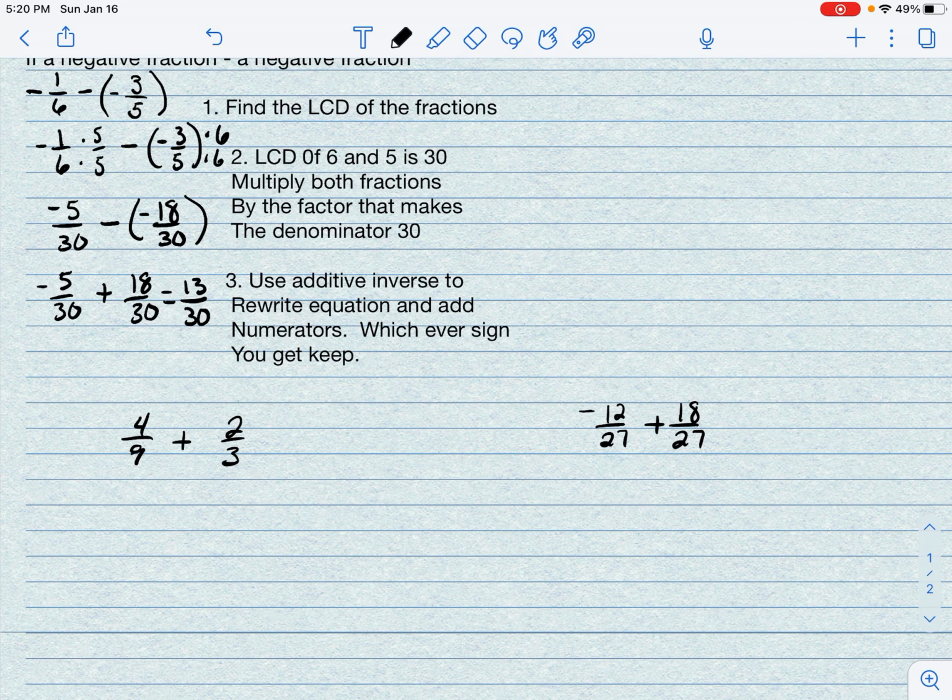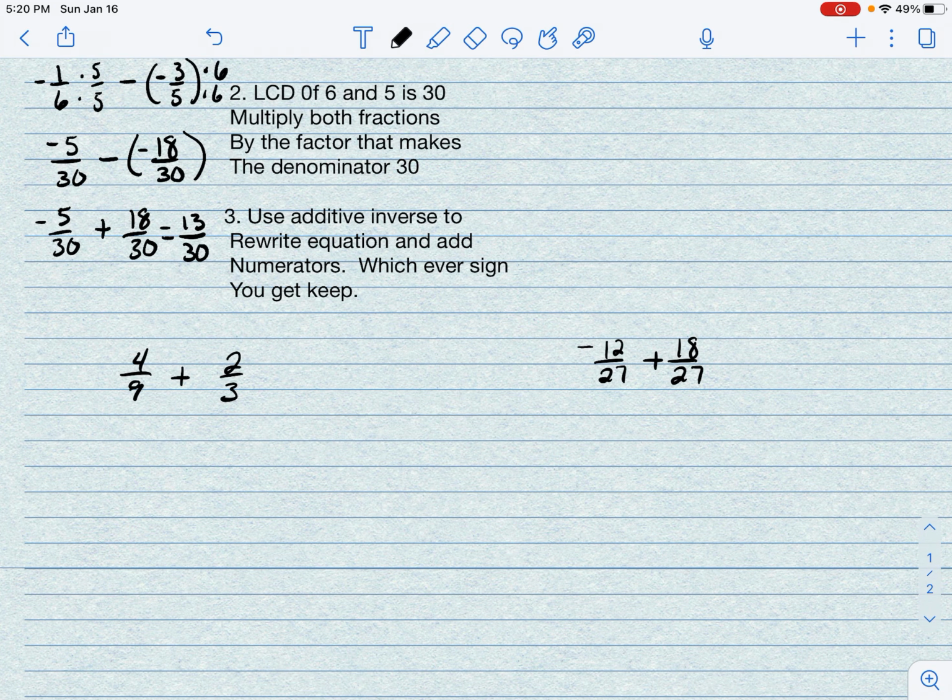Okay, these last two I want you to do on your own. So pause the video, check and see if you get the same answer, and make sure you follow the same steps. So, all right, the least common denominator equals 9. So this would just be 4/9 plus 2/3.